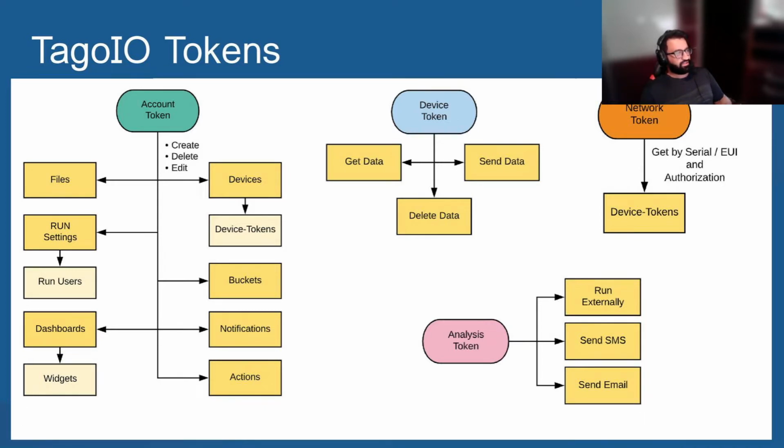And this token is generated every time you log into your account, but you can also generate a token to use in your analysis or external services that you have. This token provides accessibility to basically all the resources. You can even retrieve the other tokens by using the account token. So this is a very important token that you will be using.